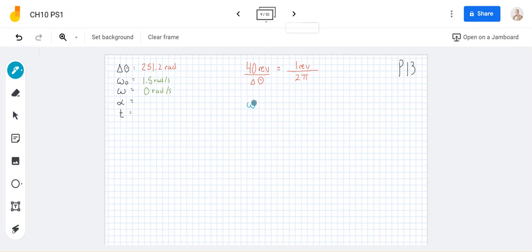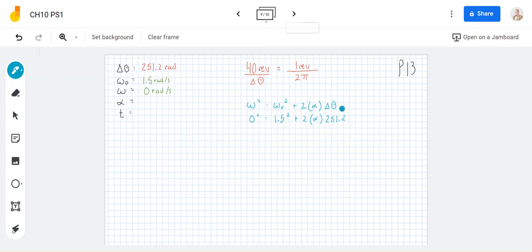We have this equation that we can start with. Omega squared, final angular velocity squared, is equal to initial angular velocity squared plus 2 times the angular acceleration times delta theta. Now, I want to use this one because I can solve directly for the acceleration. Slows to a stop. So 0 equals (1.5) squared plus 2 times alpha times the delta theta, which is 251.2.